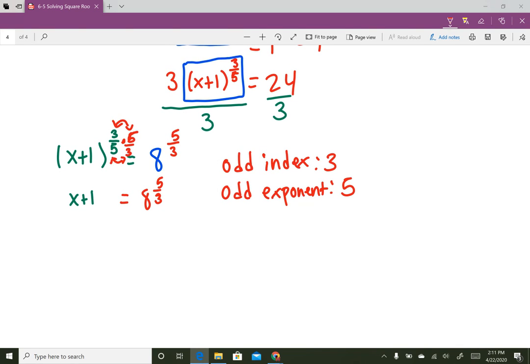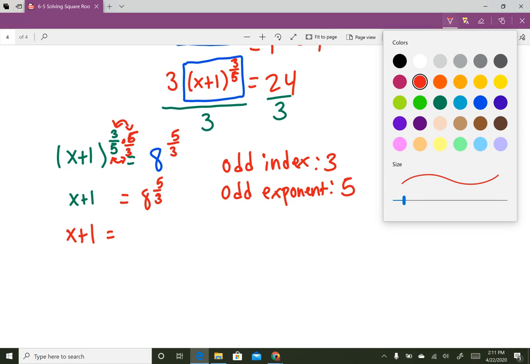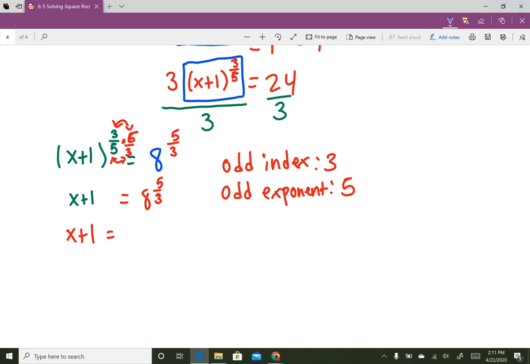So I'm going to leave this as x plus 1 on the left side, and I'm actually going to simplify this 8 to the 5 over 3. My index is 3, like I decided over here. My exponent is 5. So this is going to turn into the cube root of 8 to the 5th. And 8 to the 5th is 32,768. Don't be impressed.